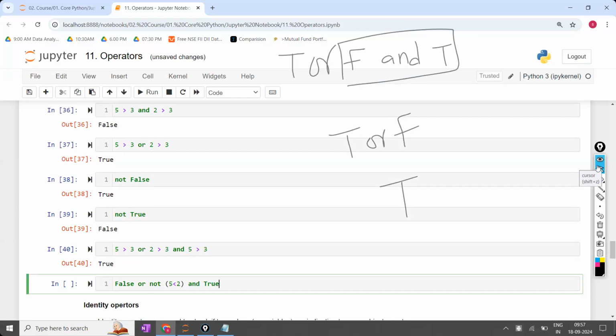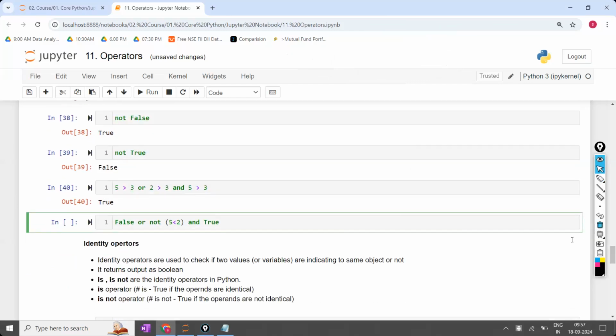Now, the last example for the logical operators: False or not (5 less than 2) and true. Now observe this one. What things are there? Or is there, that is a logical operator. Parenthesis is there, which is arithmetic. Less than is there, a comparison operator. And is there, again a logical operator.